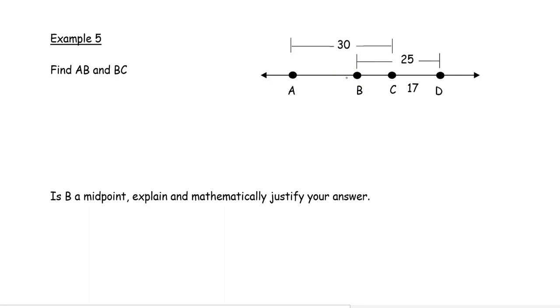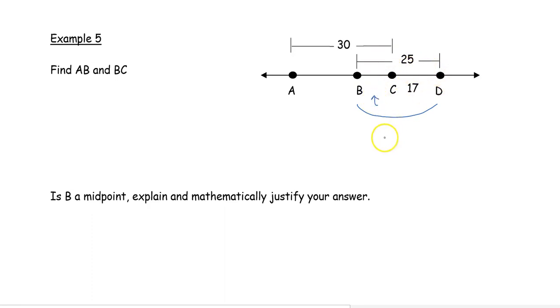There was no order. You had enough no matter what. But when I look at this, there is no way right now I can find out what AB is. So I've got to start with this segment from B to D. I'm given that from B to D is 25 and this part is 17.